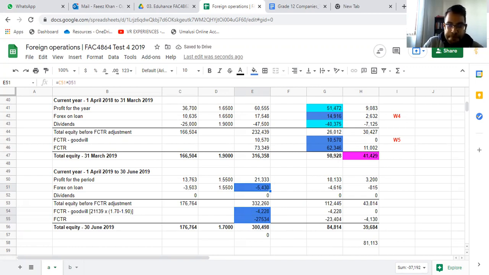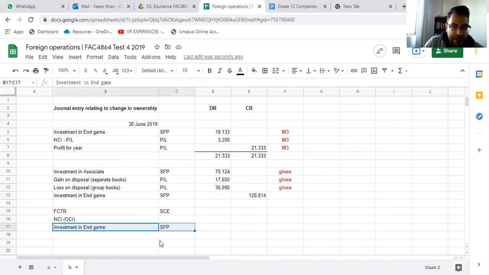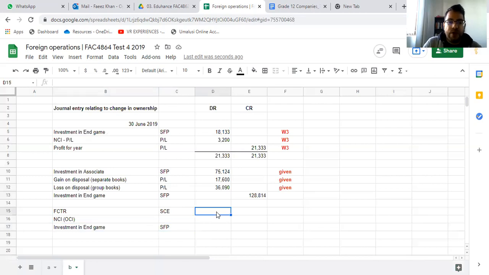So FCTR is going to be the sum. So we know it's a loss in the current year, so therefore it's a debit.